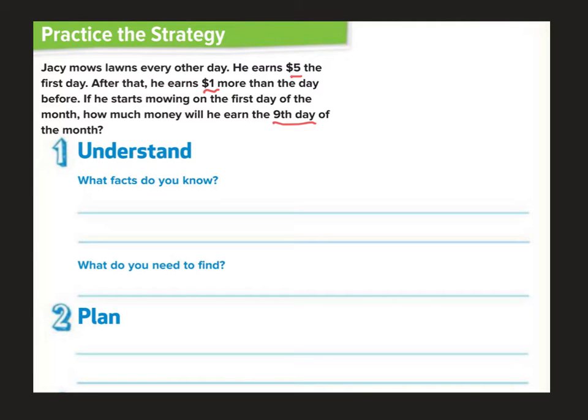of the month? So what facts do we know? We know on the first day, we have $5. Okay. We know that $1 more than the day before.